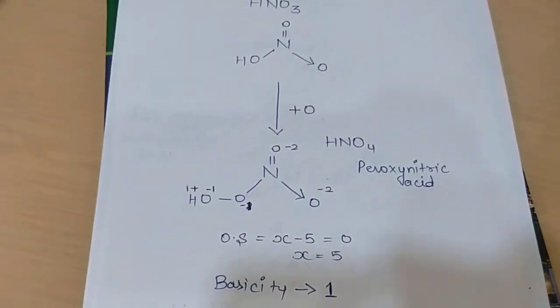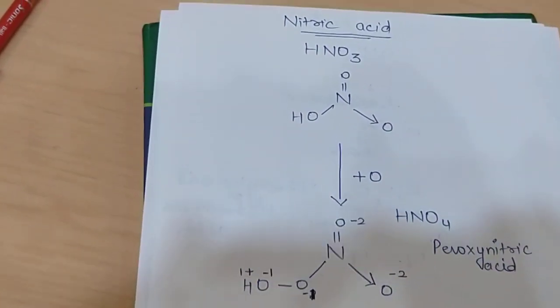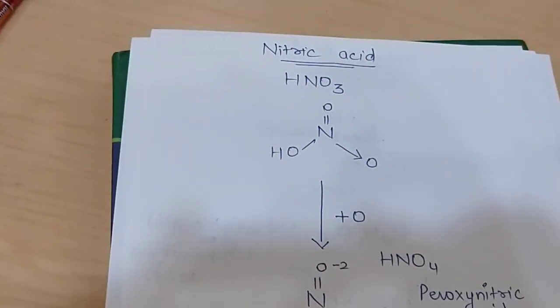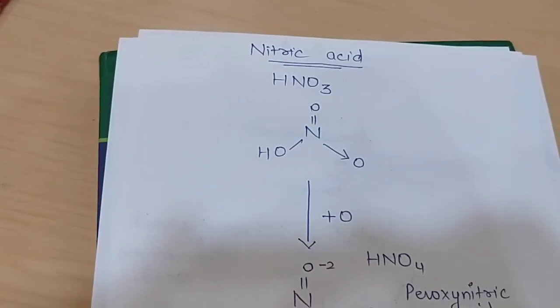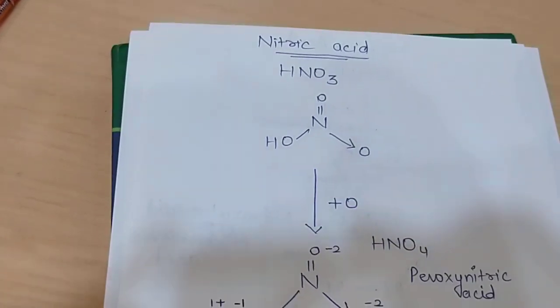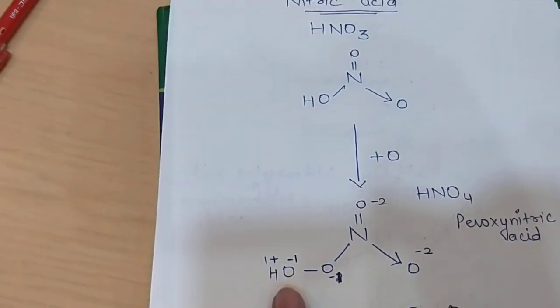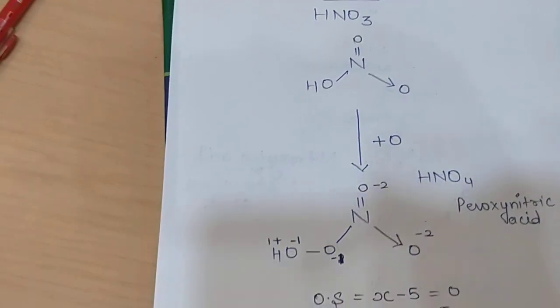Next acid which will be generated from nitric acid is peroxynitric acid. As the name suggests, peroxynitric acid will be generated from nitric acid via addition of one oxygen atom, and the oxygen will be introduced just before the OH group.